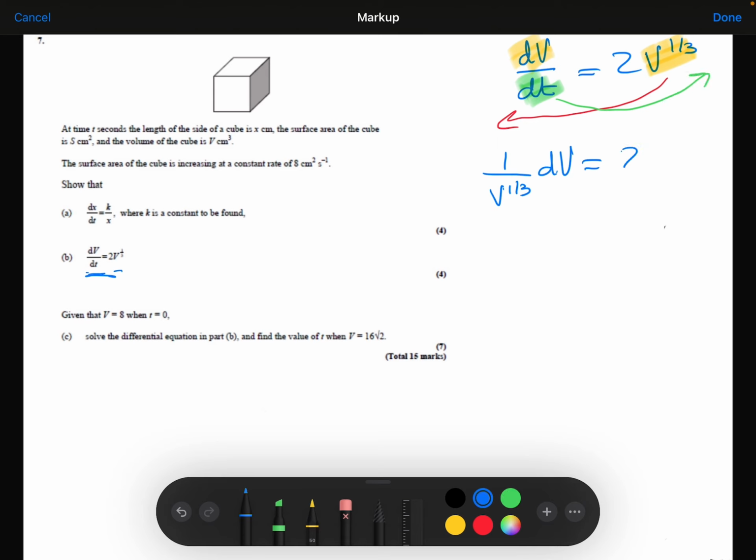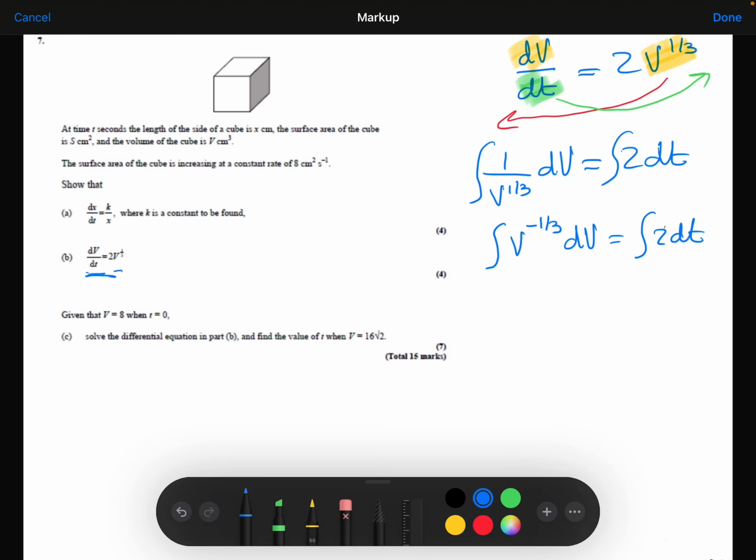So we will have 2 dt. And we are now going to integrate both sides. To help me integrate the left-hand side, I'm going to rewrite this as v to the power of minus 1/3. And now I can integrate both sides.